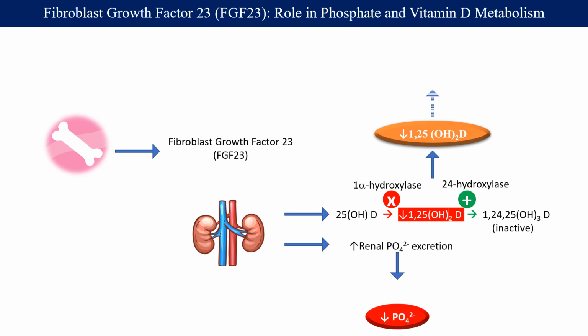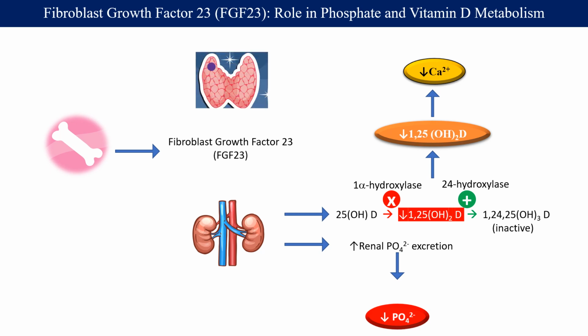The reduced 1,25D level leads to reduced GI absorption of calcium, thereby lowering blood calcium levels. FGF23 also inhibits the proliferation and function of parathyroid glands, which also contributes to reduced blood calcium levels.